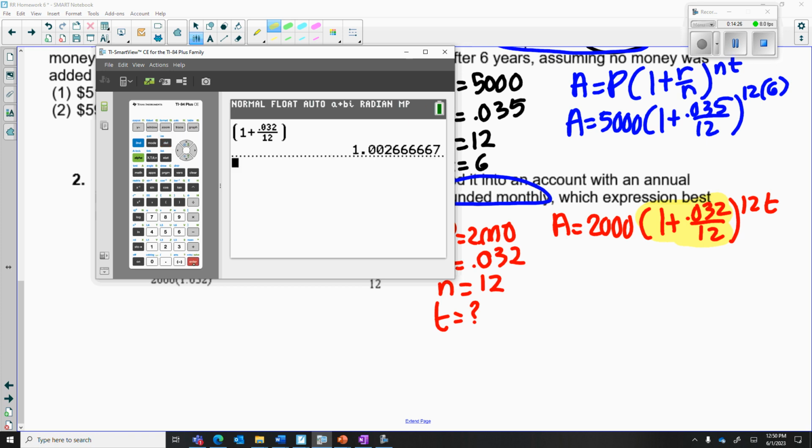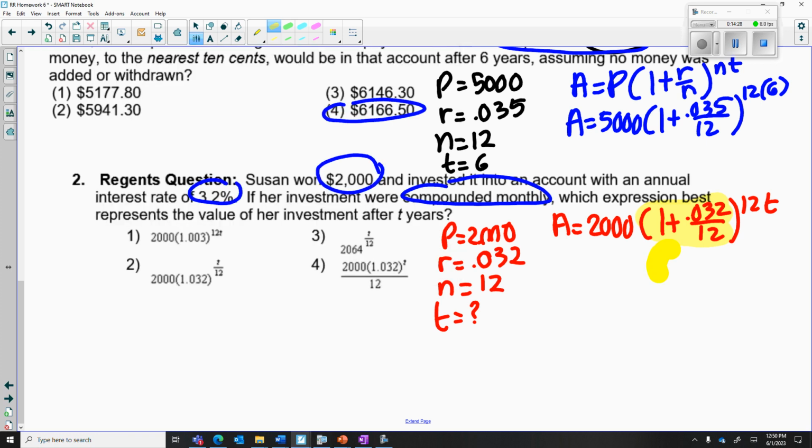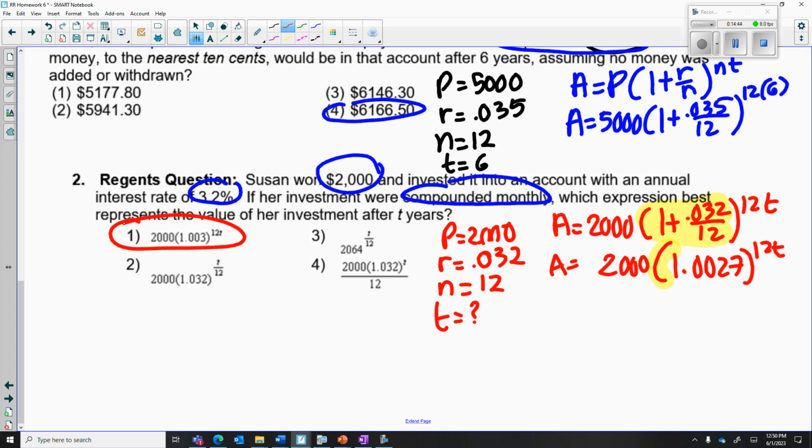So I get 1.0027. That's going to be the base. To the 12t. Is this a choice? Is this a choice? Yes. You see the answer is choice 1. So notice that the 12 in front of the t indicates monthly, and that's important to note. 12t and t.